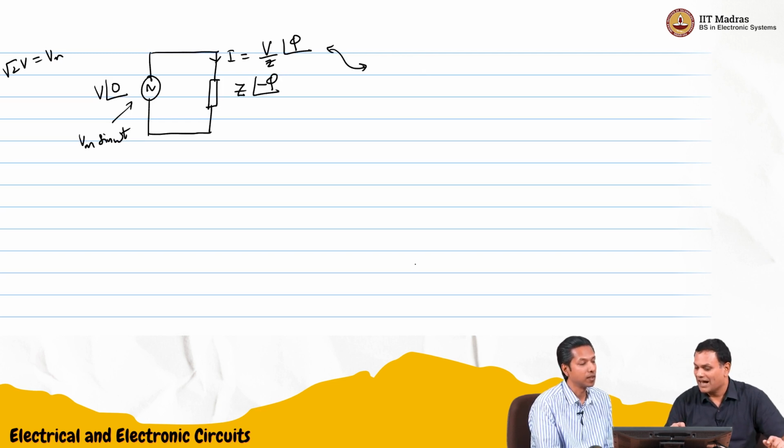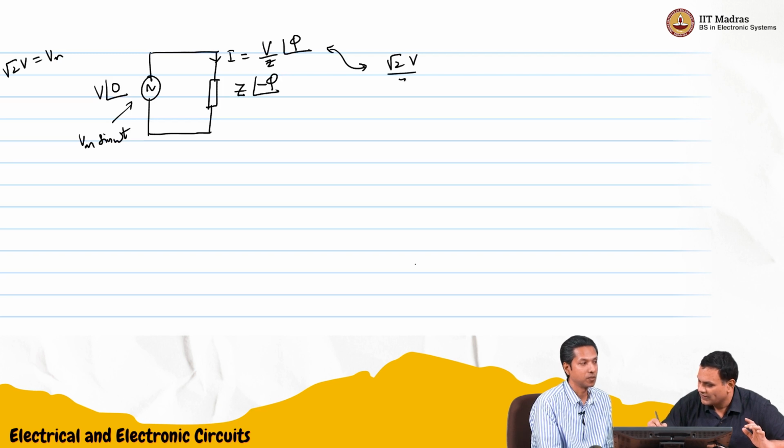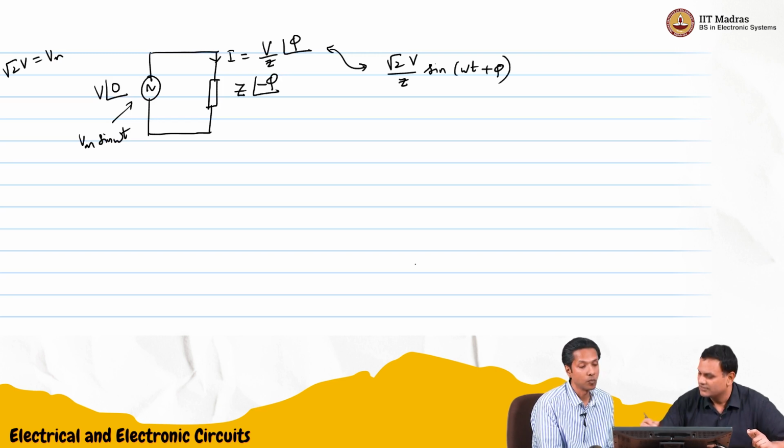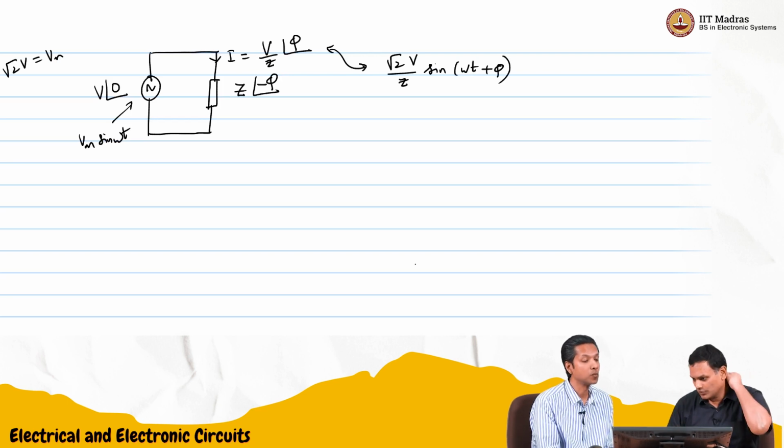RMS value is V by Z. We'll do it from first principles. RMS value is V by Z, peak value is root 2 V by Z, and this angle phi corresponds to the phase. So it will be omega t plus phi. Is this correct? That's correct. So first principles, you can't go wrong. You have to follow every step.